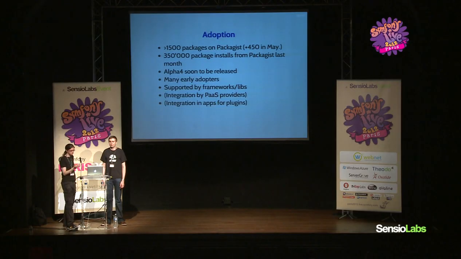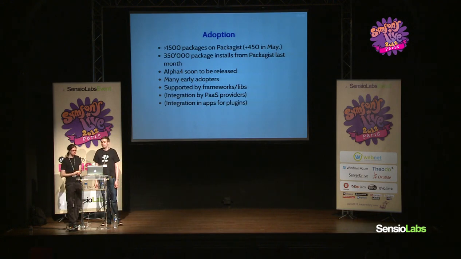Now, in terms of adoption, we have more than 1,500 packages on Packagist, which is quite cool. Especially the growth rate, last month was plus 450, which is really a lot. In comparison, if you look at Node, NPM crossed 10,000 packages a month ago.